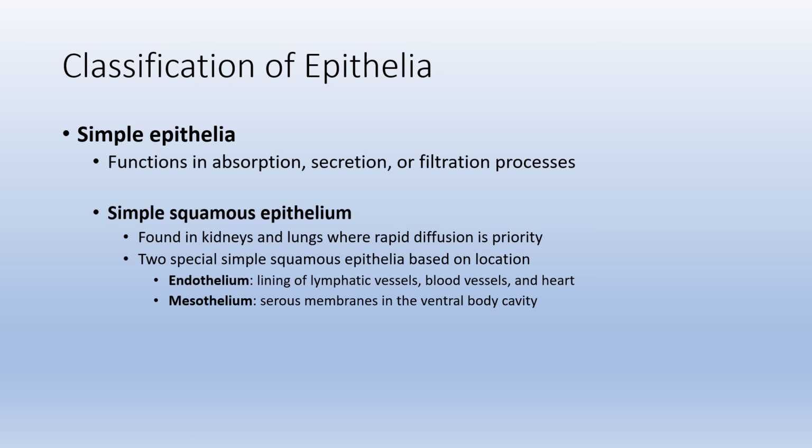So when you see the term endothelium, you should automatically think simple squamous epithelium lining some sort of vessel or lining the heart. We also have another term, mesothelium. When you see that term mesothelium, you should automatically think simple squamous epithelium in the ventral body cavities, such as the abdominal cavity or the pelvic cavity.